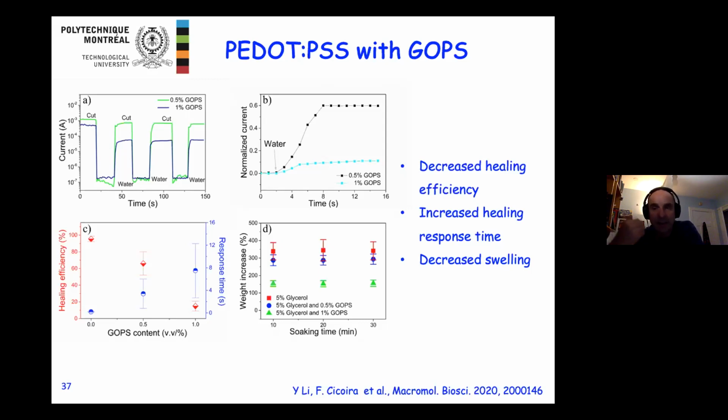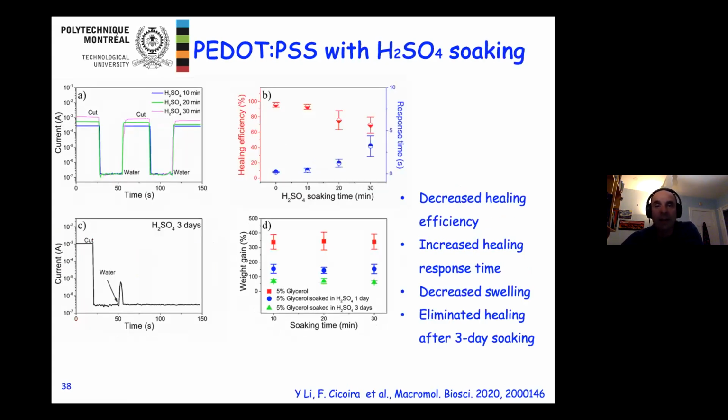And then we looked at something very interesting, which is the swelling ability of the film. You can see here that if we add this silane, there is very small swelling of the film when we overcome a certain concentration. Again, the same thing, we could soak the film in acid. This is an operation which is often done to increase the conductivity of the film.